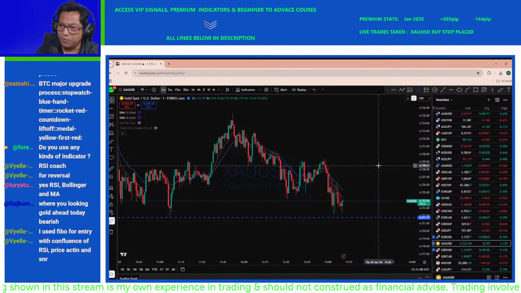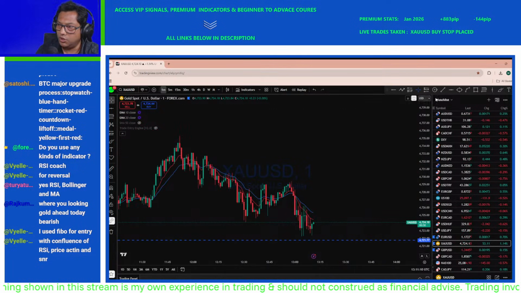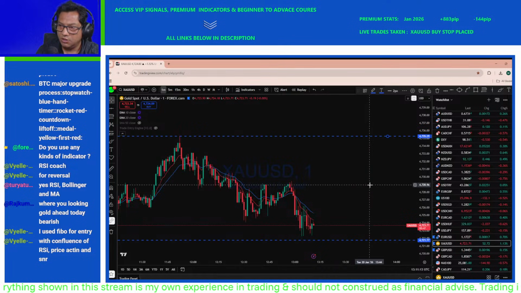And once it prepares for a reversal, we could see it go straight back up here to this resistance line.